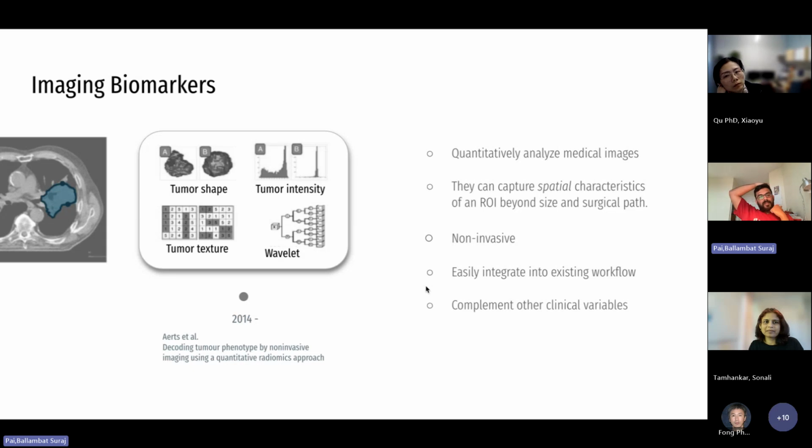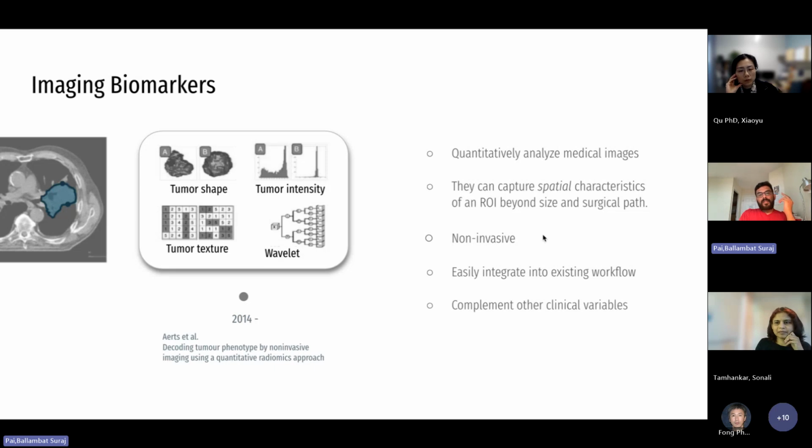Right. So the idea was to use different kinds of mathematical, statistical, predefined kernels and try to capture characteristics within that ROI in a CT image, which could go beyond size and things like pathology that's gotten through surgical dissection. Usually you would mostly look at things like TNM staging as an imaging biomarker, like clinical TNM staging. But here you could have, let's put it as a more abstract way of capturing this.